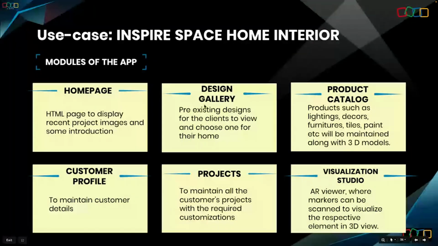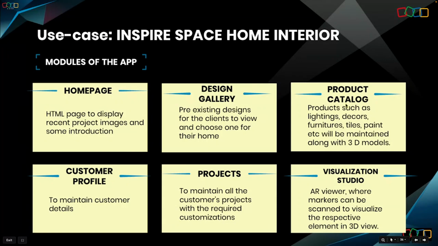And then we have the design gallery, where the interior designing firm has pre-existing designs for each and every section of your home, like for kitchen, for bathroom, for a living room, etc. So a client can explore the design gallery to view all the pre-existing designs which are available, and they can even incorporate the same interior design into their home by placing a project.